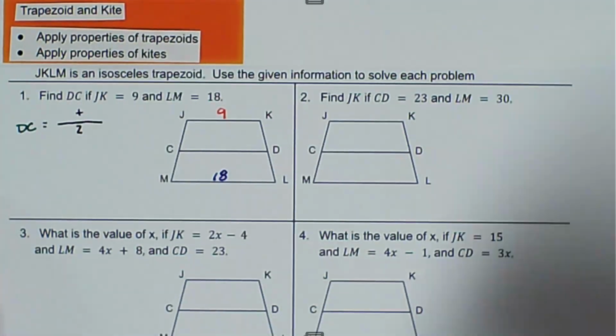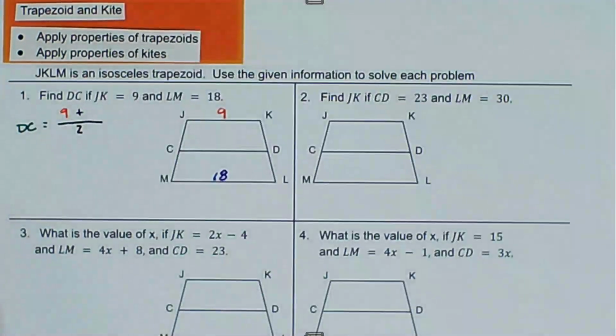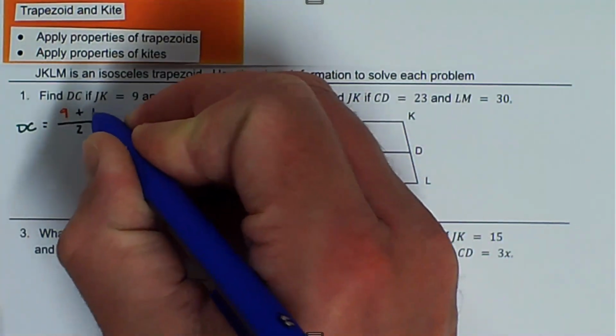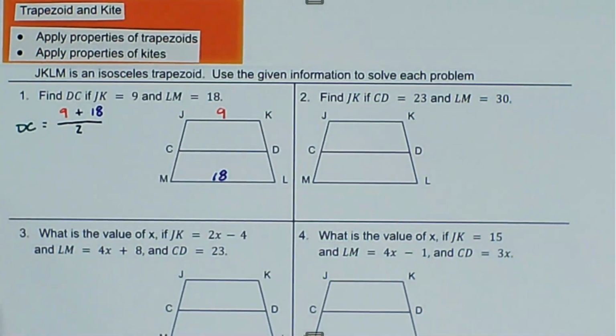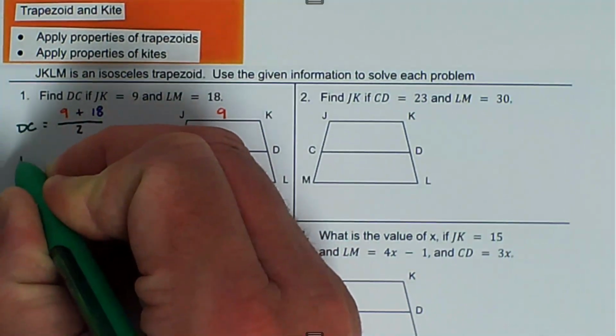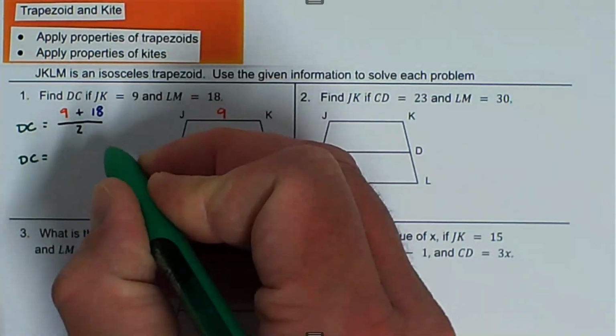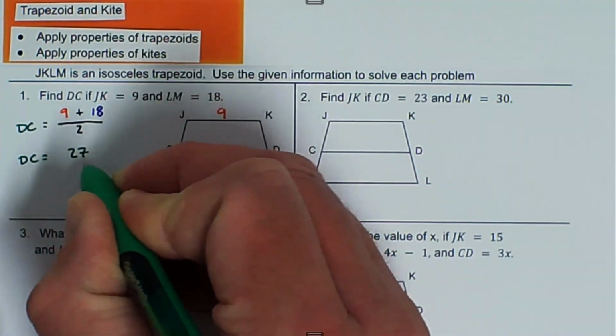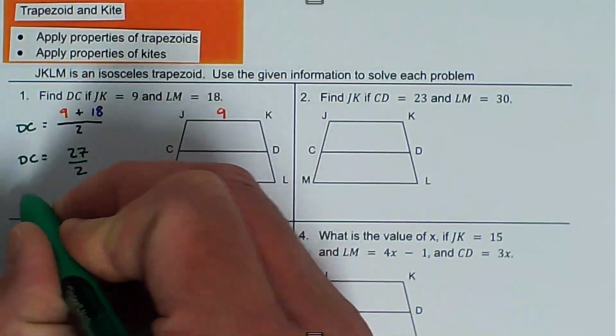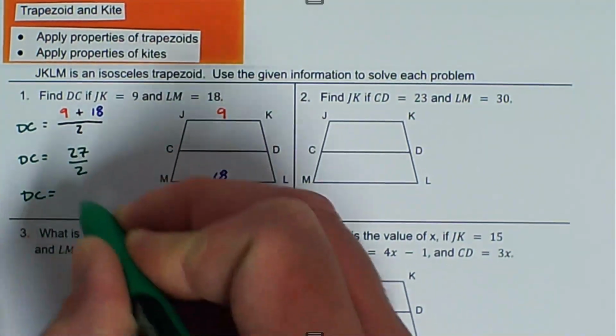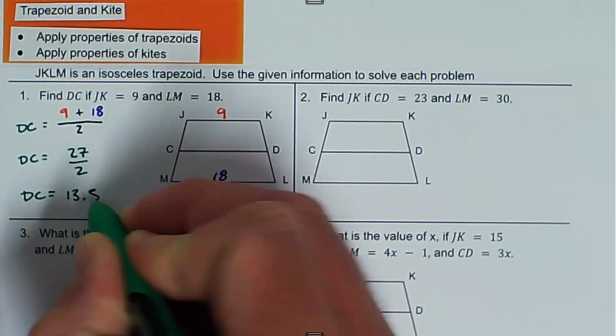Then we'll have 9 plus 18 divided by 2. So we will get DC is equal to 27 divided by 2. So DC is equal to 13.5.